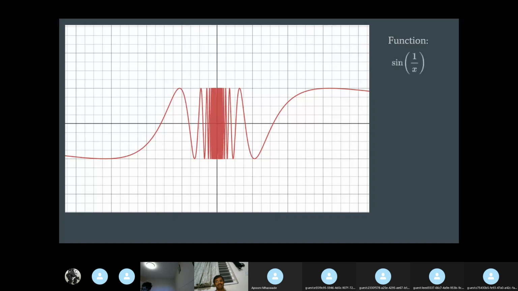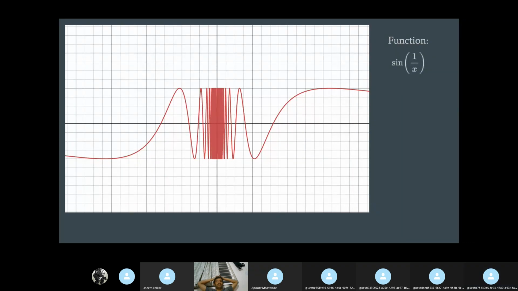So maybe it would be reasonable to say that it's undefined then. Yeah, I think so.